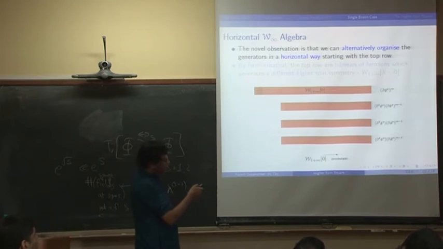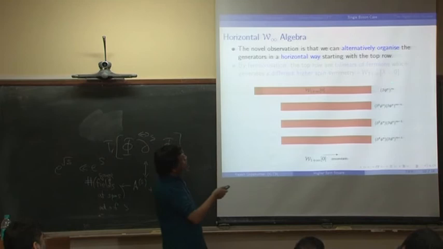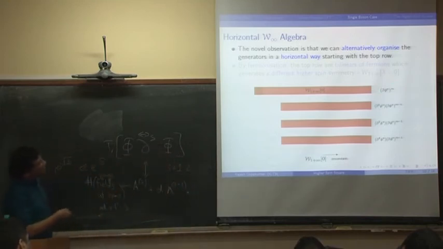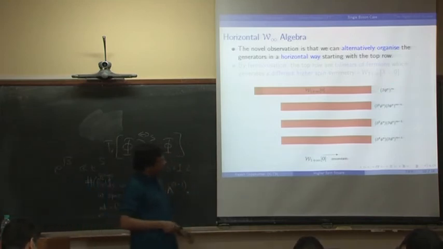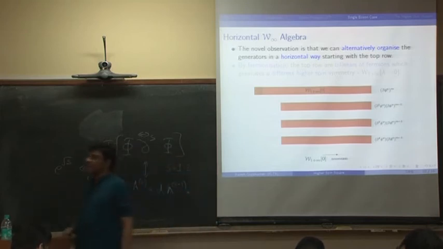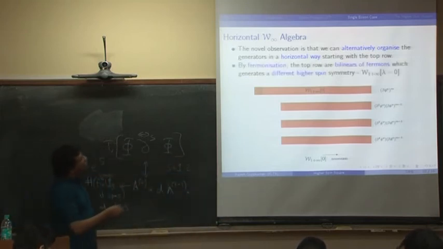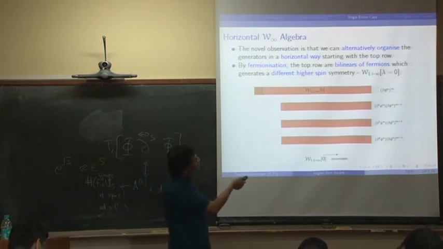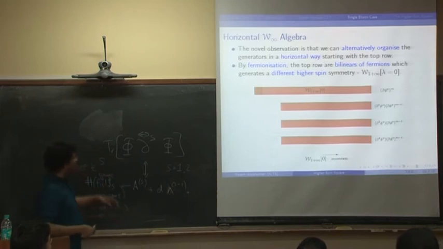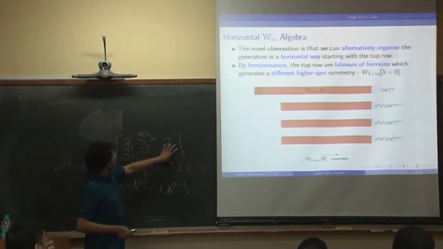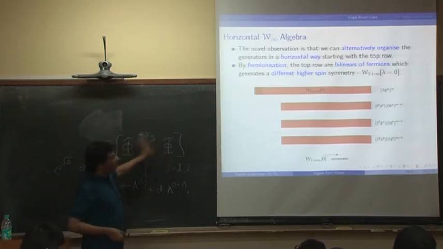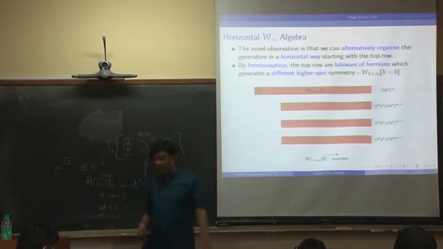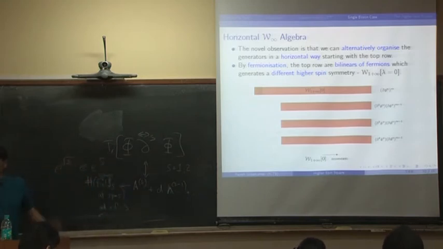But the interesting thing is that this top row, involving all these del phi to the m, by fermionization, so in 2 dimensions there's the Bose-Fermi equivalence, these powers of phi can be written simply as bilinears of fermions. So they can be written basically in terms of some psi, with just 2 psi's and arbitrarily many derivatives on the fermion fields.